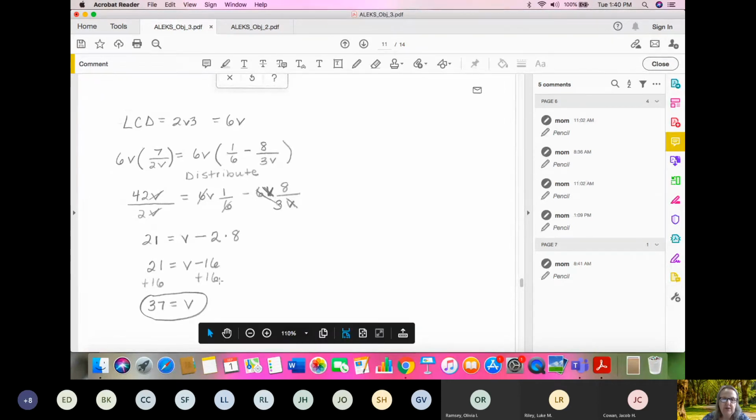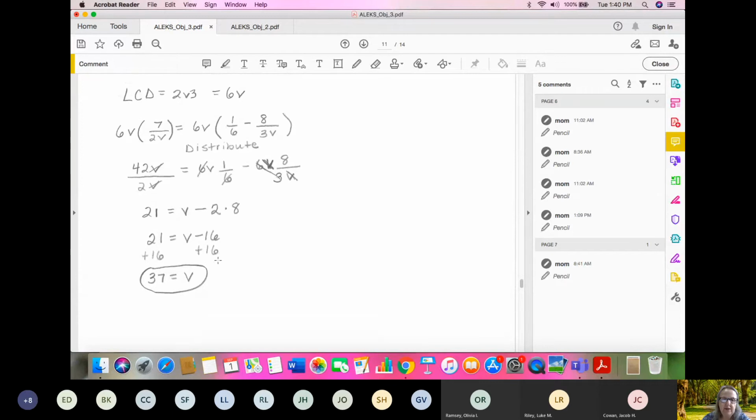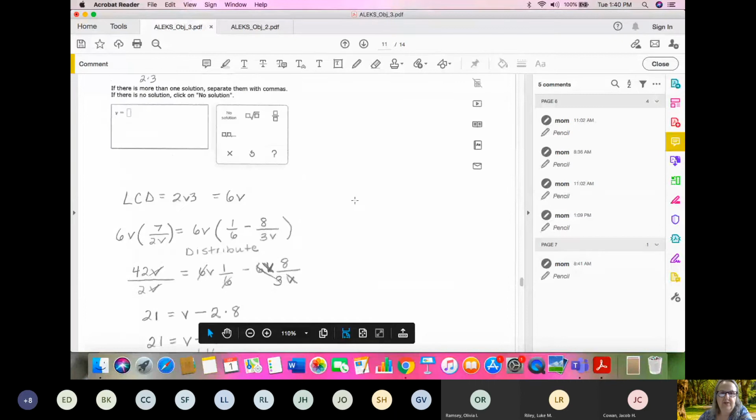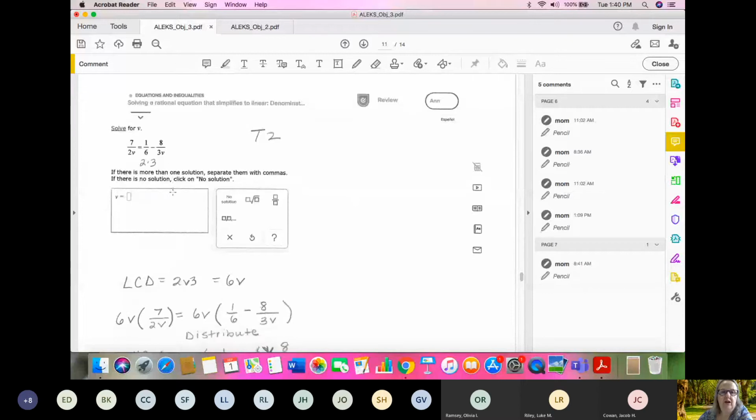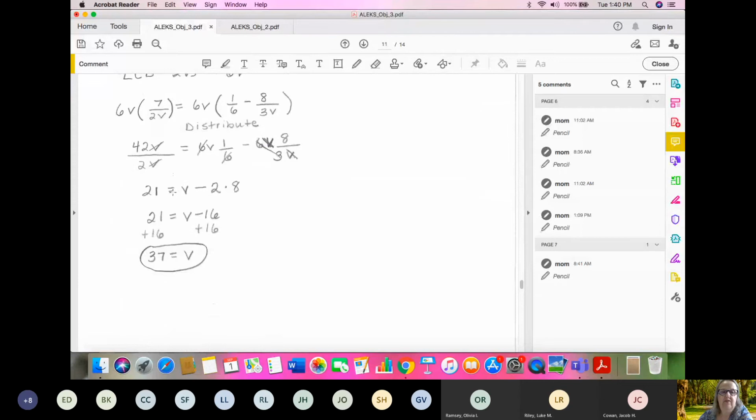Add 16 to both sides. That's the opposite of subtracting. Adding, add 16 to both sides. And we get 21 plus 16 is 37, equals V. Now that 37 equals V, 37 isn't going to make this denominator 0. Is not going to make this denominator 0. So we're good. Our answer is V equals 37.